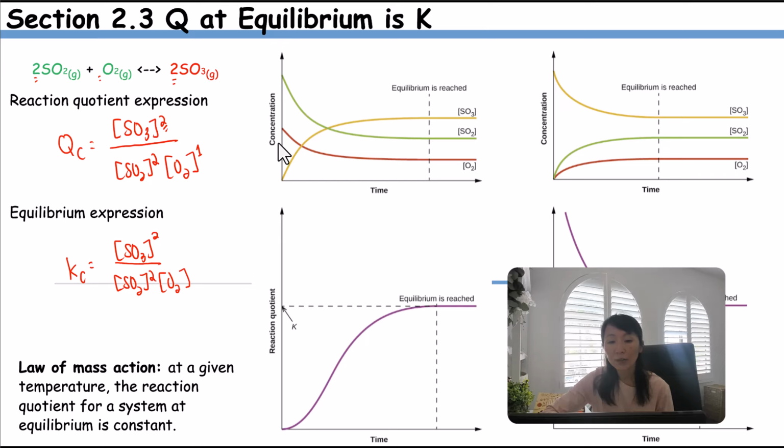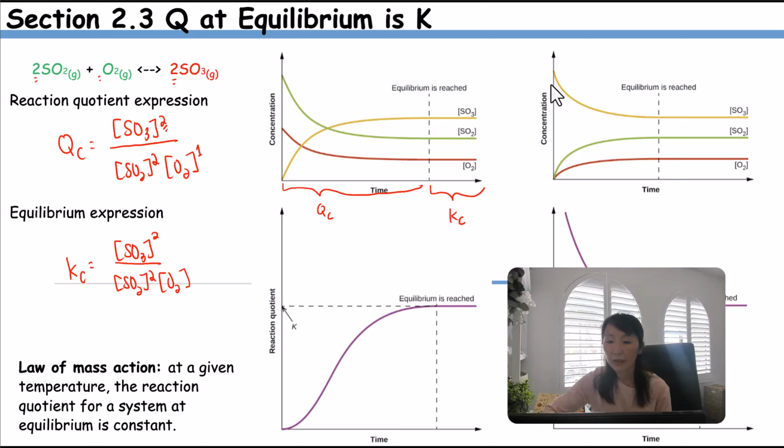Now, all of the portion over here, if you want to find the reaction quotient expression, we are going to express it in QC. But after this point, after equilibrium has been reached, unless there is an external source that changes that equilibrium, it's going to be constantly Kc.